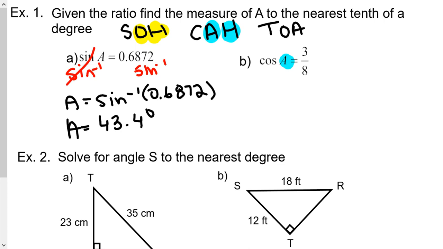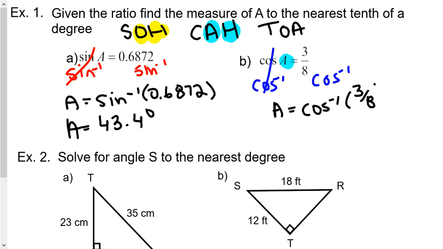Same idea. I need to uncosine that left side, because I have to undo the fact that A is trapped inside that cosine. I then have the inverse cosine of 3/8.